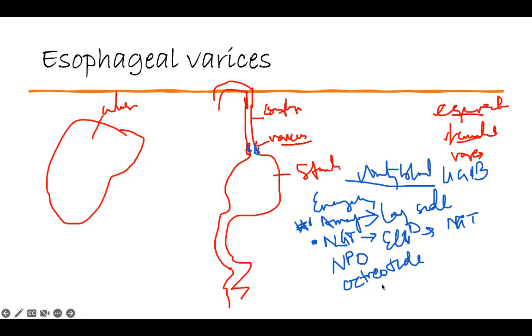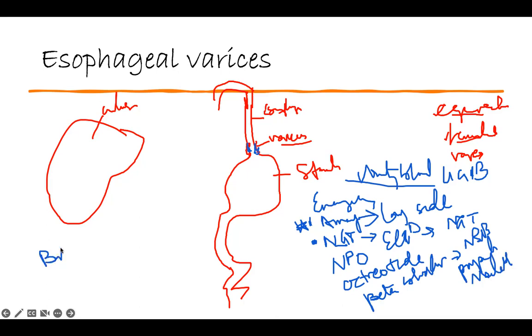So that will slow down the bleeding. You can also use a beta blocker. We usually give them a beta blocker to decrease the vascular resistance in the vessel. So this is another place where you can use a beta blocker. But the beta blocker we use here is a non-selective beta blocker, propranolol and nadolol.